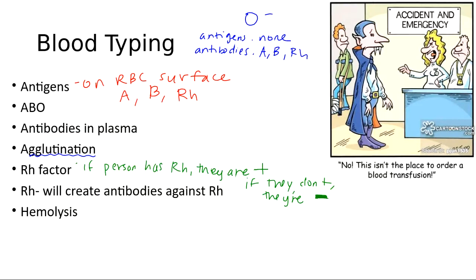If you have Rh negative blood, you will make antibodies against Rh because you would recognize that as a foreign antigen. So a person with negative blood type won't be able to receive positive blood because the person with the negative blood would have antibodies against the Rh. And agglutination would happen between those anti-Rh antibodies and the Rh antigen that came in the donor blood.